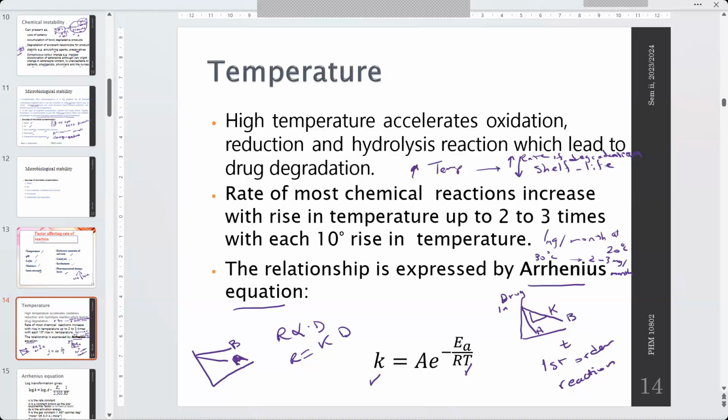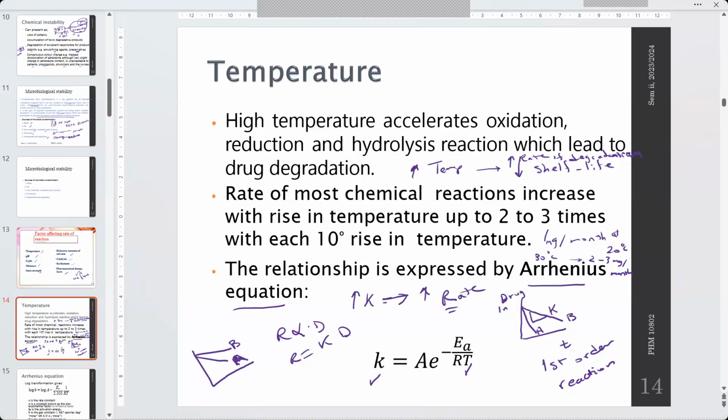Drug A, Doctor. Okay, why? Because the slope is higher, right? So this slope is K. So the higher the K, we can conclude that it means a higher degradation rate.